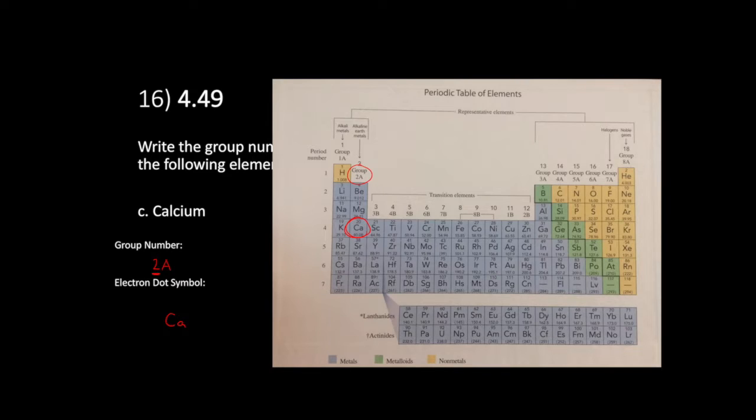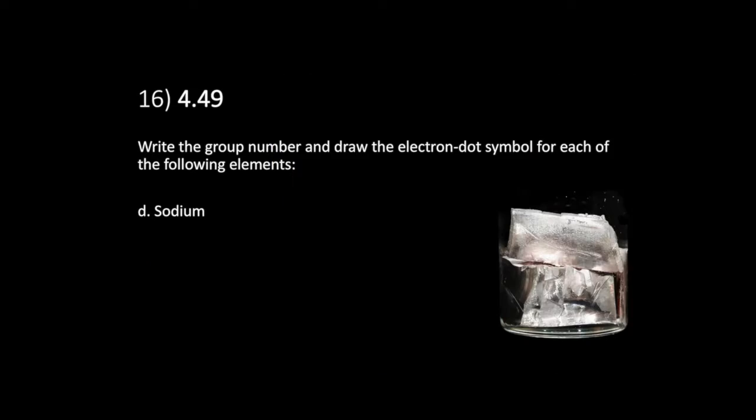Because the group number is 2A, there are going to be 2 valence electrons. So I'm going to put one on each side, thinking of this as being in a box, and only if I have one on all 4 sides would I start pairing them. Since I only have 2, I put 2 dots, and that is the electron dot symbol for calcium. It has 2 places where it can connect to other atoms.